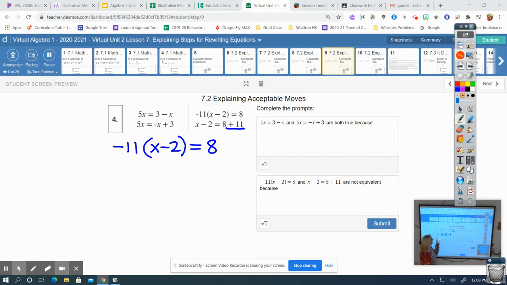And if that were negative 11 plus x minus 2, that would work. But since we have that outside parentheses, you would either have to do the distributive property or you can do the opposite and divide by negative 11. But you can't just add 11 to both sides. It doesn't work. It doesn't stay true. So they are not equivalent because they added 11 to both sides instead of dividing by negative 11.